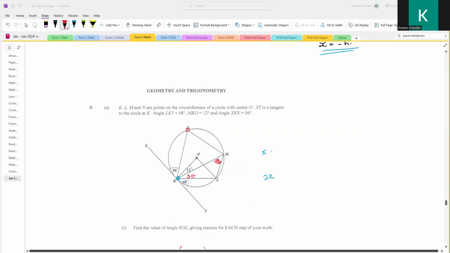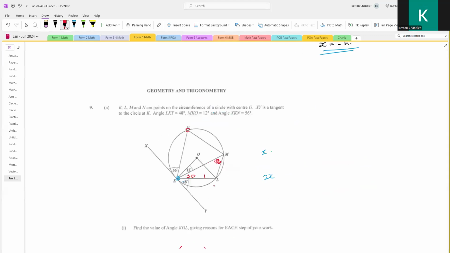Or we could use the cyclic quadrilateral. What do you get for this angle here? 102.